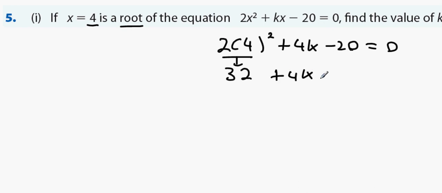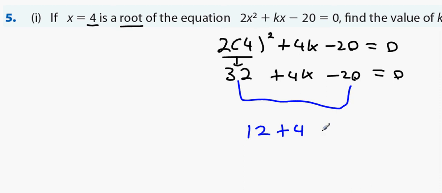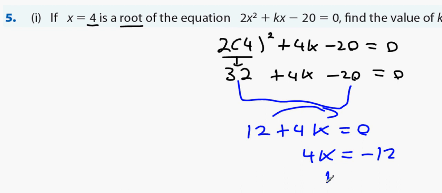If we join these together, we get 12 plus 4k equals 0. Bring the 12 over to the other side, so 4k equals minus 12. k is going to be minus 12 over 4, and therefore k is equal to minus 3.